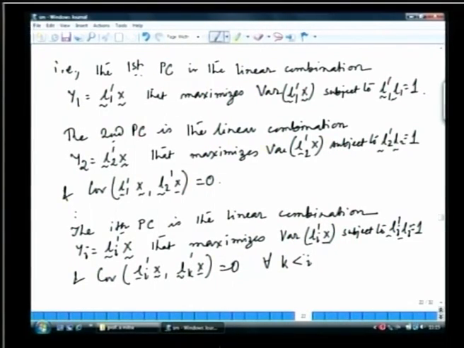Right. So, if I go to the third principal component, I must check the covariance between the third and the second and the third and the first as well, and both of these have to be equal to 0.